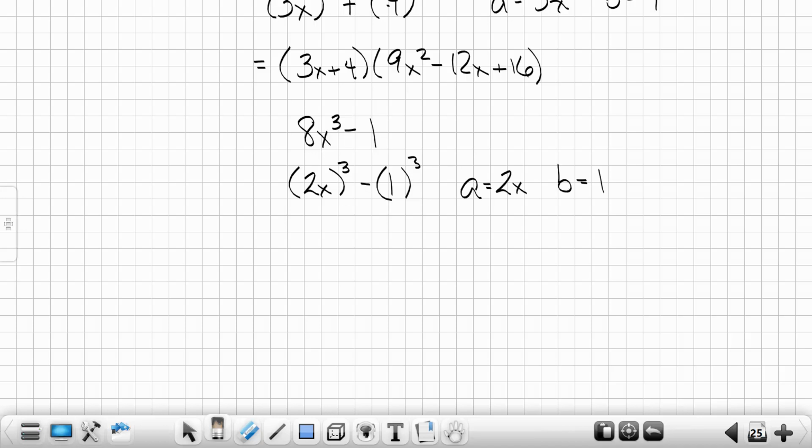So then the way of factoring the difference of 2 cubes is a minus b times a squared, and if I square 2x, I get 4x squared, plus a times b, plus b squared.